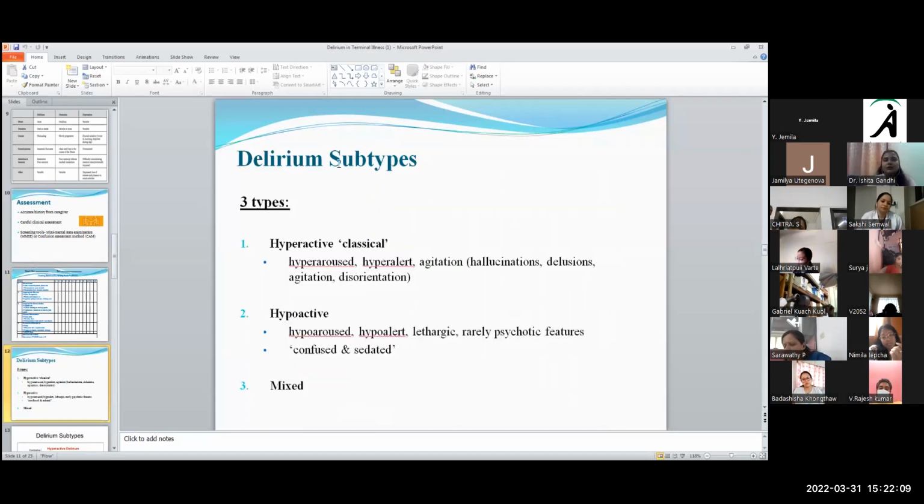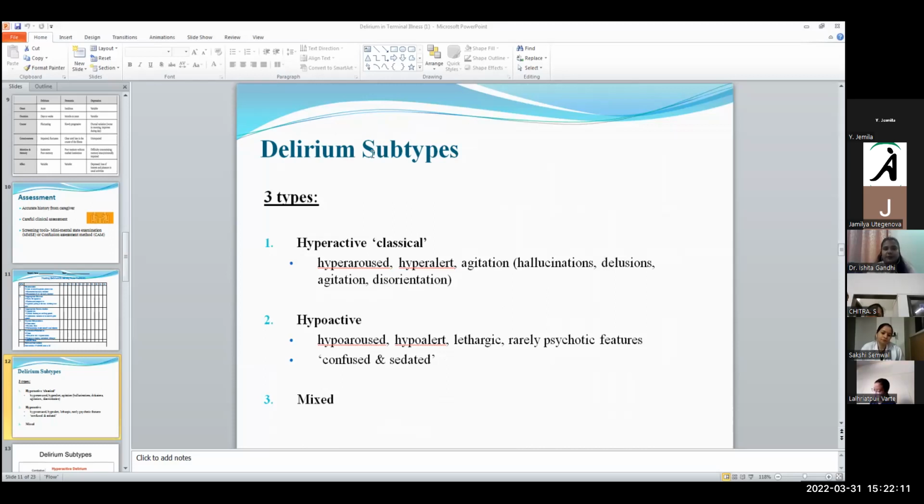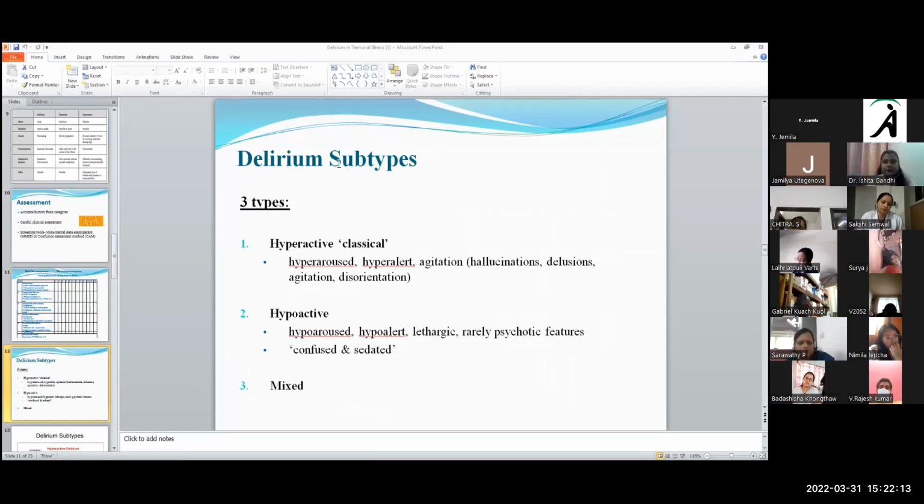Now, coming to the subtypes of delirium. There are three subtypes of delirium. Hyperactive, which is also called classical delirium. Hyperactive or classic delirium is a state of hyper aroused, hyper alert, agitated state.